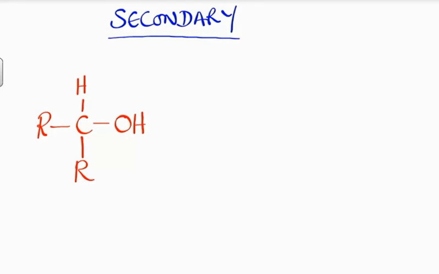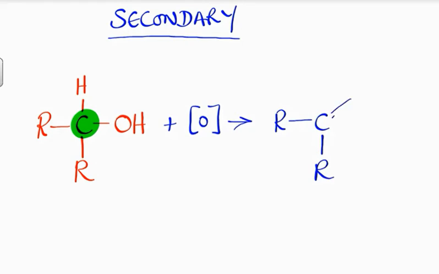Secondary alcohols can also be oxidized. So there's a secondary alcohol. We've just got 1 hydrogen attached to the carbon, which means we can increase the amount of oxygen on that carbon, like making the aldehyde. We've got the carbon double bond oxygen. These are now known as ketones.